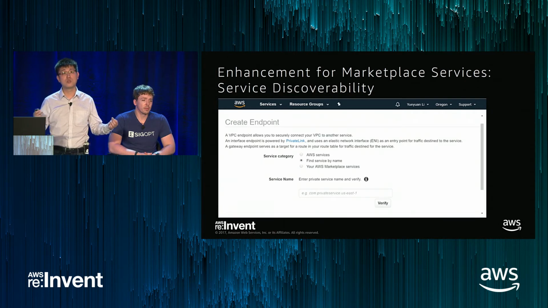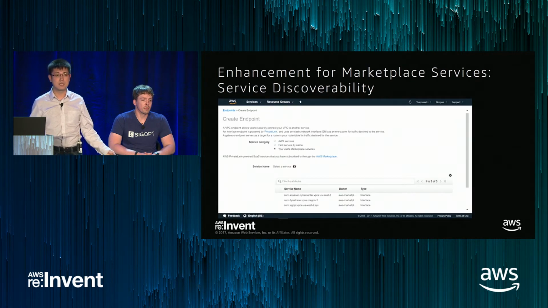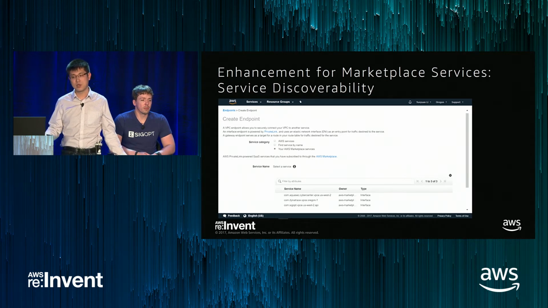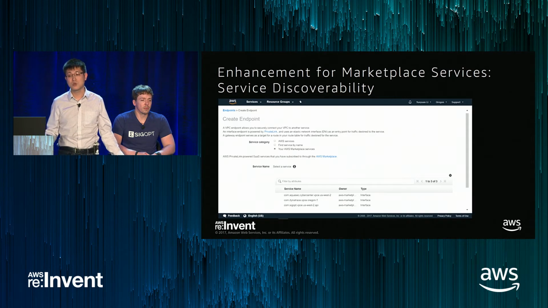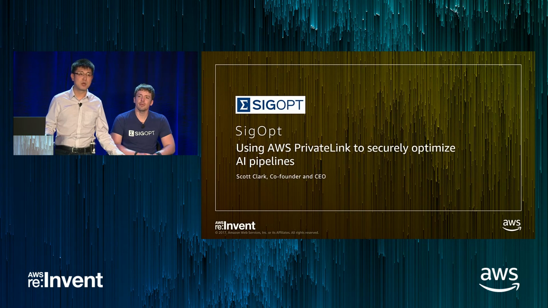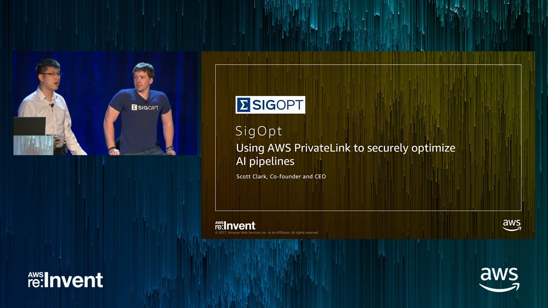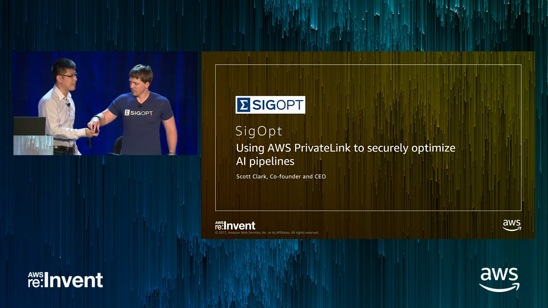We want you to explicitly input it so that you are sure you are connecting to that particular service. And for Marketplace services, it's just very like an AWS service. You will be able to see the services you subscribed to, and you will be able to easily create endpoints against those services. With that, I'm going to hand over to Scott, who has a Marketplace SaaS solution offering today.